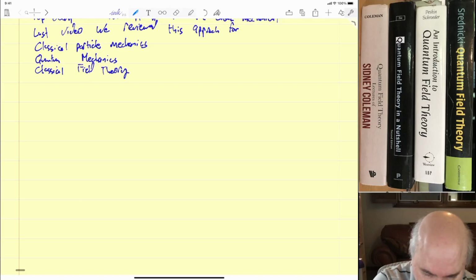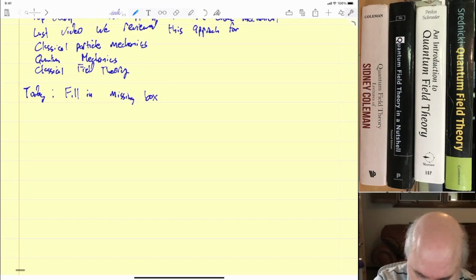And today we're going to fill in the missing box, you might remember from the last lecture, and do canonical quantization of quantum field theory in this context.